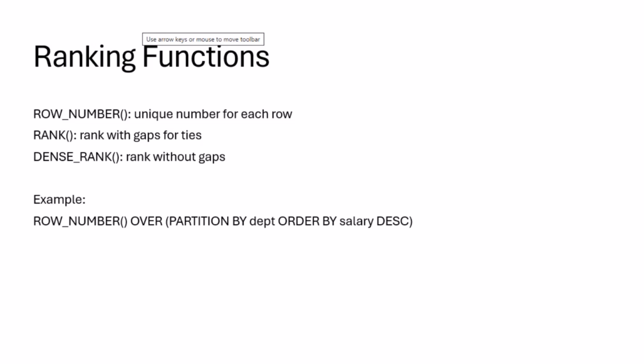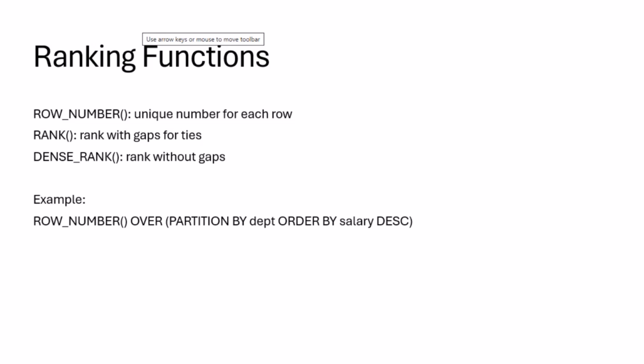Let's say we have ROW_NUMBER OVER, then PARTITION BY department, ORDER BY salary DESC. Who understands what this code is doing? Anyone? Okay, so you notice that this code is ranking employees using the row number function.